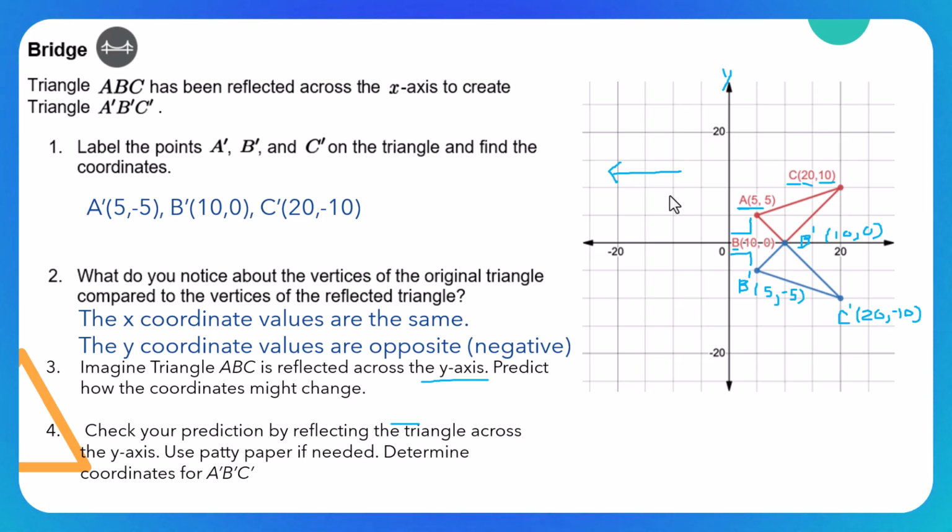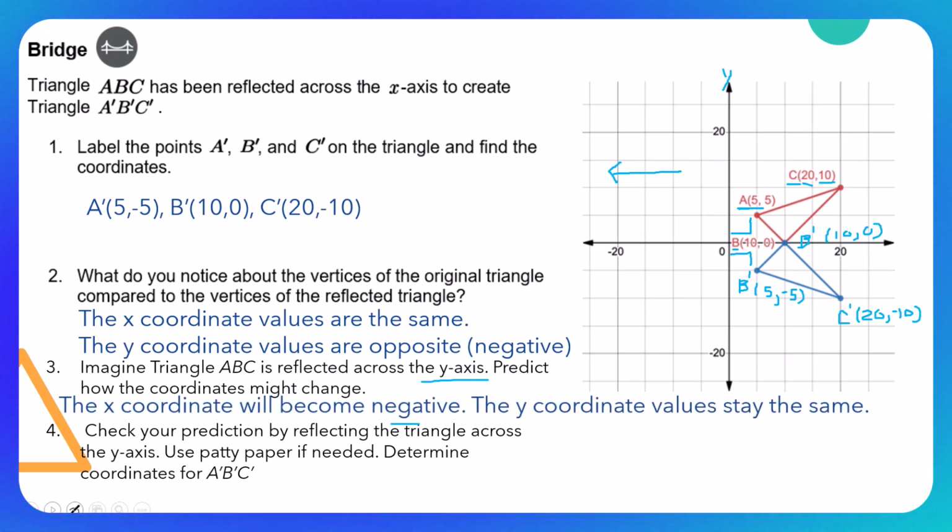So the x direction is going to change. So I think that the x-coordinates are going to become negative and the y-coordinates are going to stay the same. So pick up a piece of patty paper and trace the red triangle, A, B, C, and then fold it over and then lay it across the y-axis.